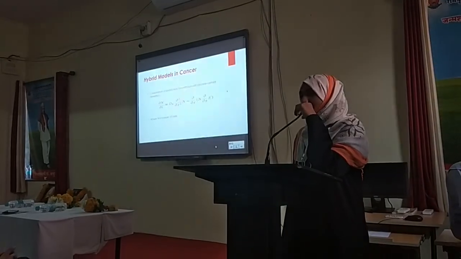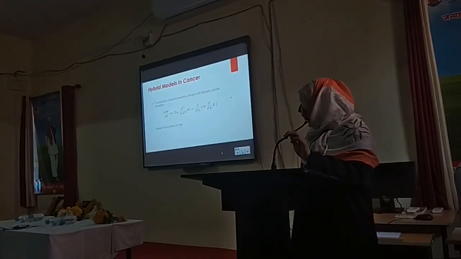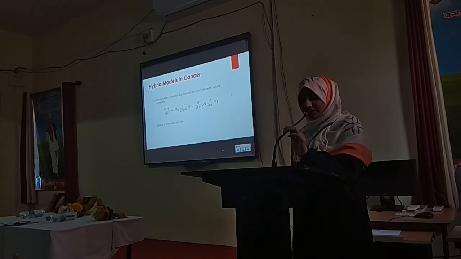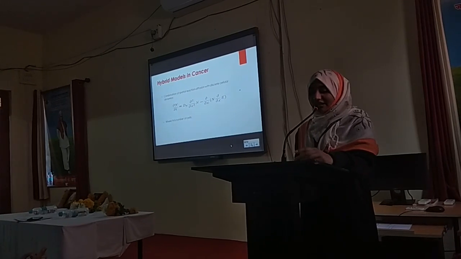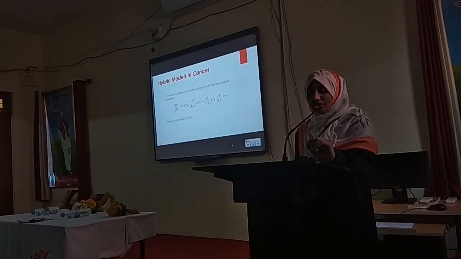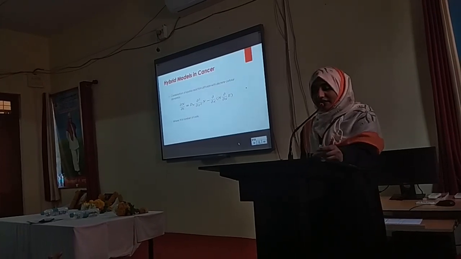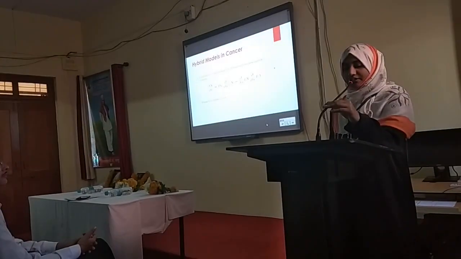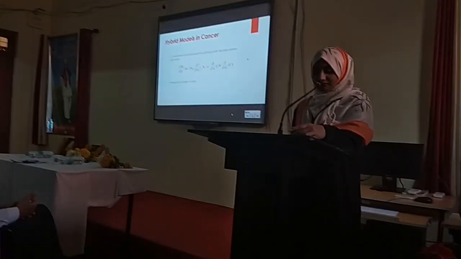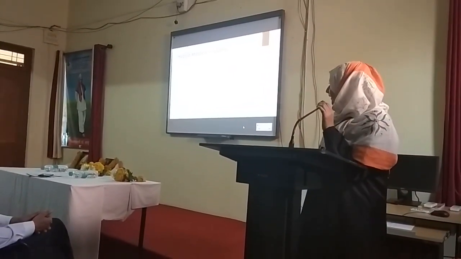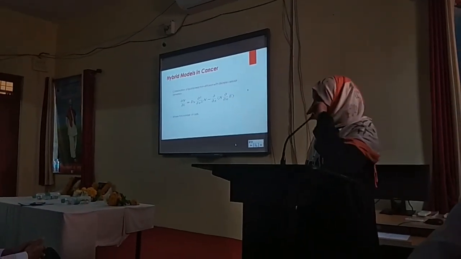The hybrid model of cancer is a combination of diffusion cell models, such as growth consumption dynamics on a continuous scale, or discrete cellular dynamics, for example a lattice, which can describe cell growth and motility. Here Dn is the diffusion constant.